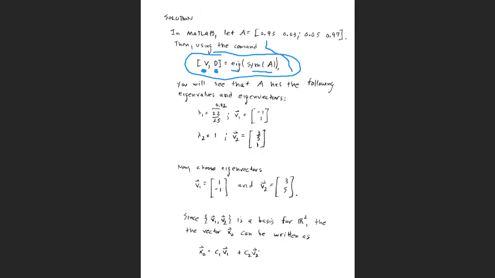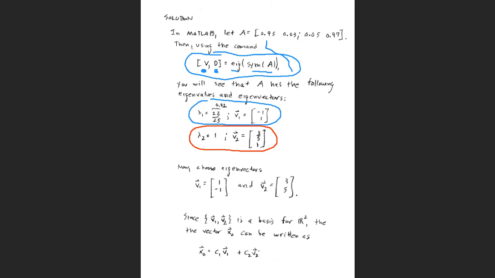Okay, so now here we are. Here is the first eigenvalue and the first eigenvector that we saw. And here is the second eigenvalue and corresponding eigenvector that we saw from MATLAB.